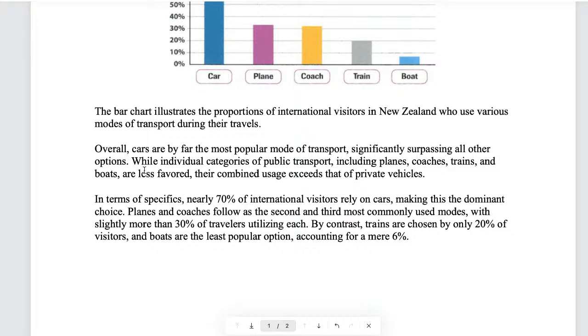Why individual categories? Yes, các bạn làm ơn hãy viết bài văn, ok? Việt ngữ đó là hãy viết bài văn. Why individual categories of public transport?